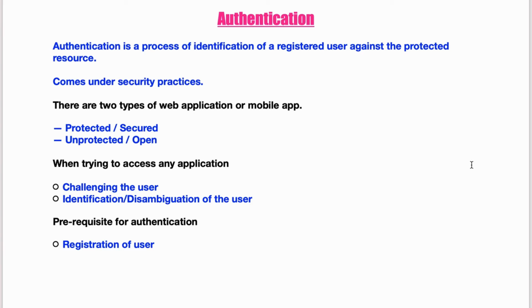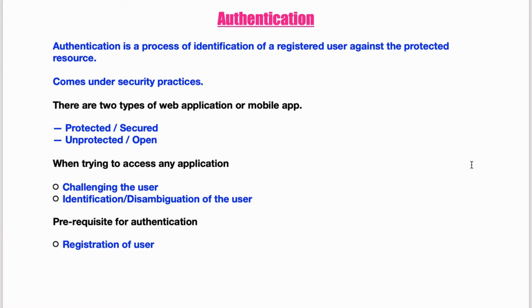Now try to understand web applications. There are mainly two types of web application. One is called protected or secured application, and another is unprotected or open application. If you want to use a protected application, then you need to get authenticated to that protected application.